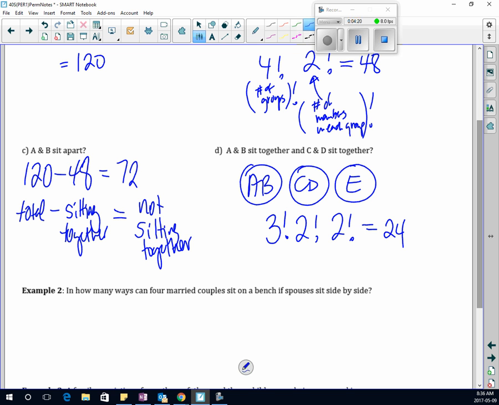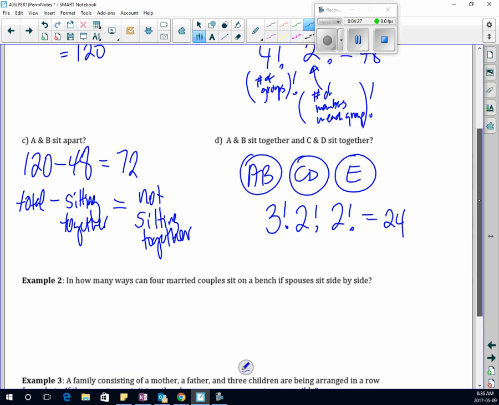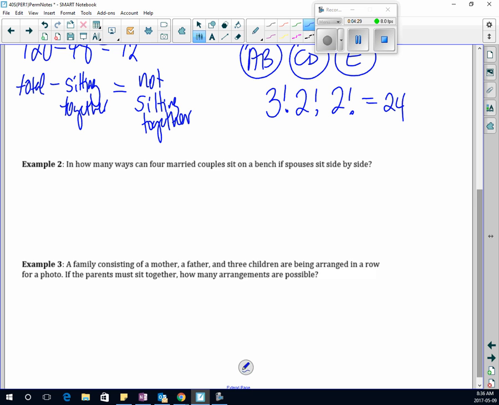How many ways can 4 married couples sit on a bench if the spouses sit side by side? So how many groups would I have? 4. And how many in each group? 2. So 2 factorial, 2 factorial, 2 factorial, 2 factorial, yes?